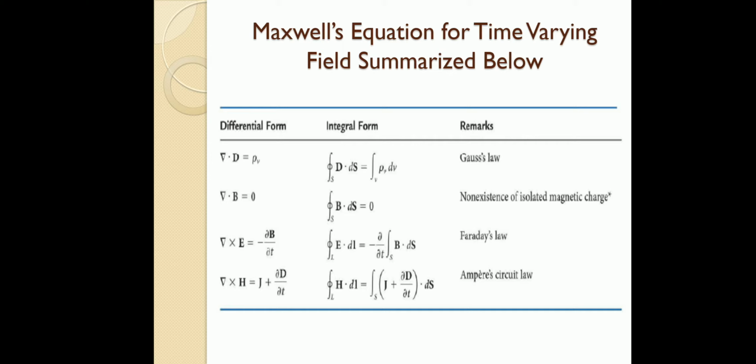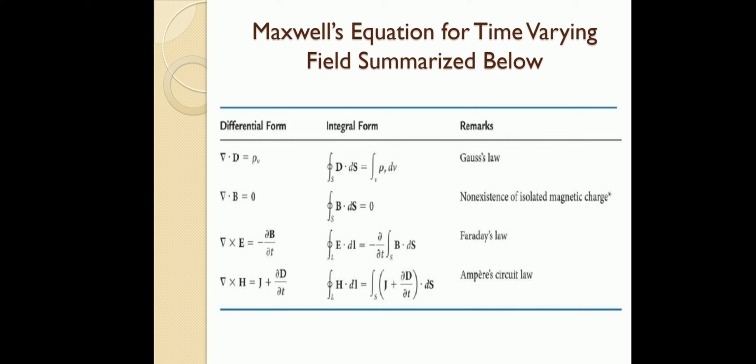The third and fourth equations change between static and time varying fields. For the third equation, del cross E equals 0 for a static field, but here del cross E equals minus dou B by dou t in differential or point form, and in integral form the line integral of E dot dl equals minus dou by dou t of the surface integral of B dot ds, obtained from Faraday's law. For the fourth equation, in the static case it is del cross H equals J, but for time varying fields it is del cross H equals J plus dou D by dou t.